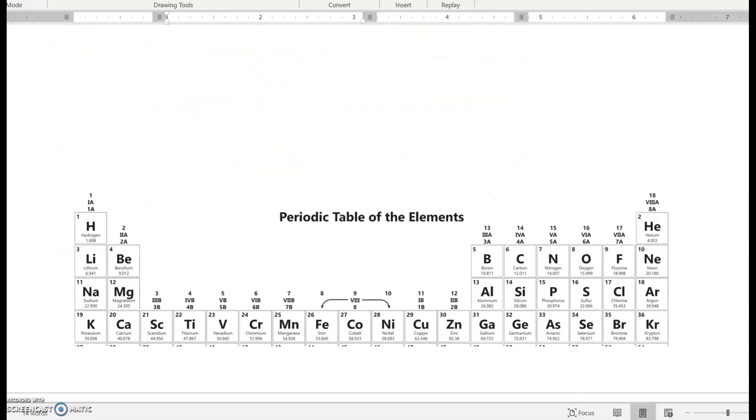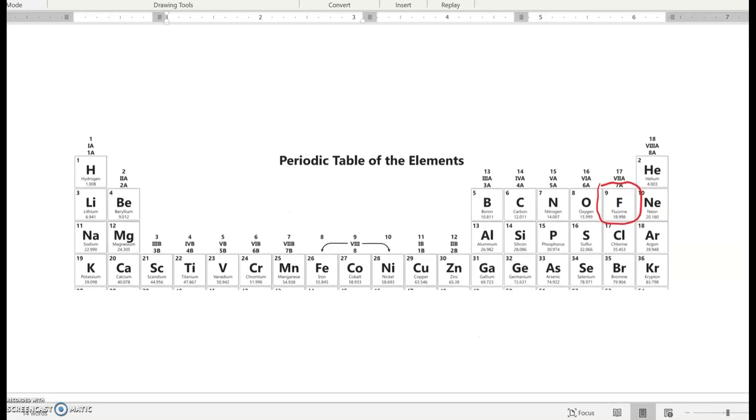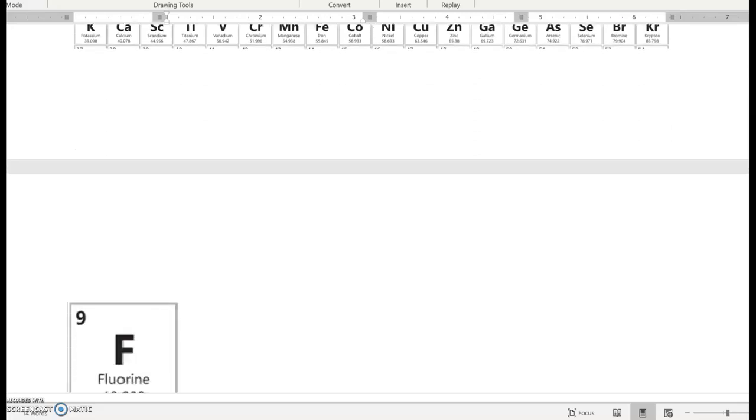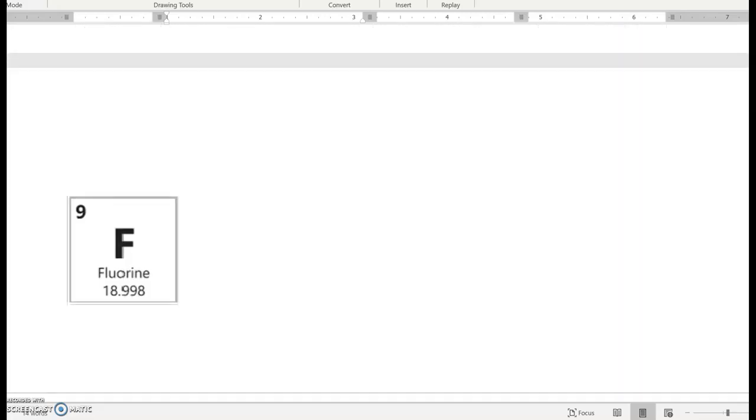Okay, now on the periodic table, let's look at another atom. Let's look at fluorine. Okay, here's an expanded view. So from this, we see that the atomic number is 9.